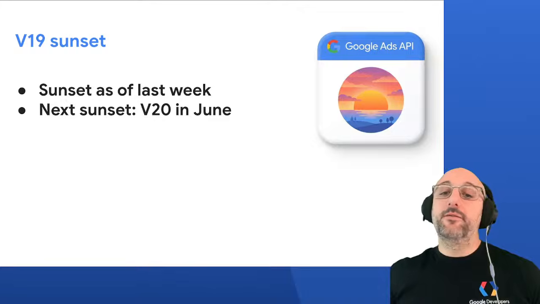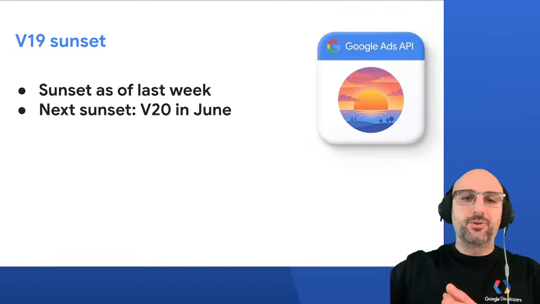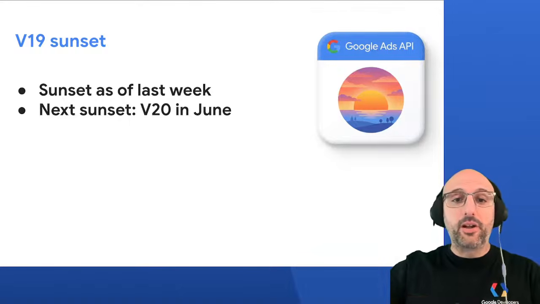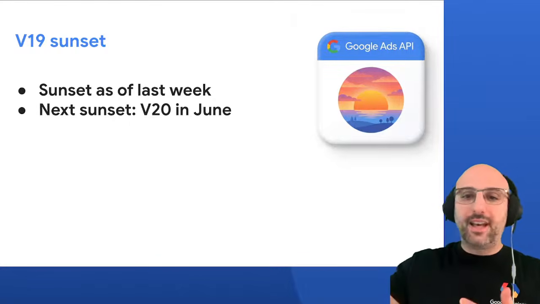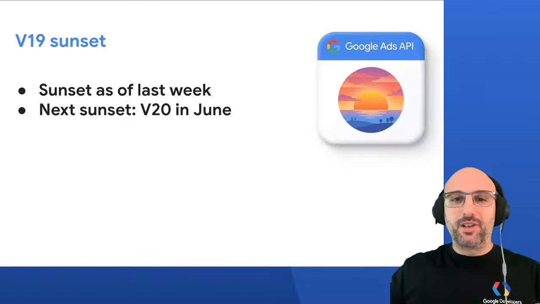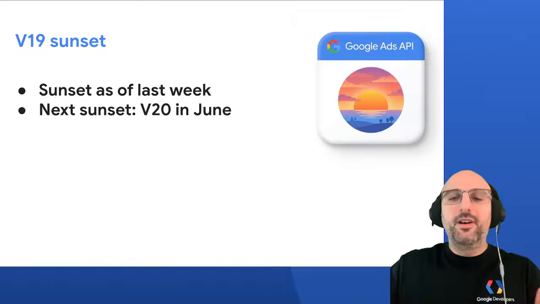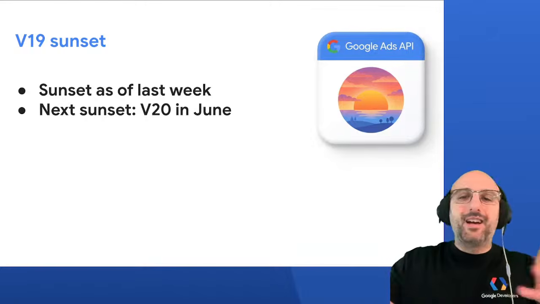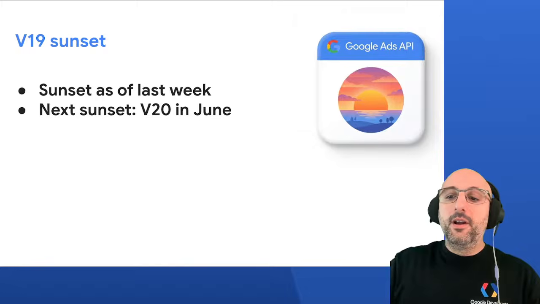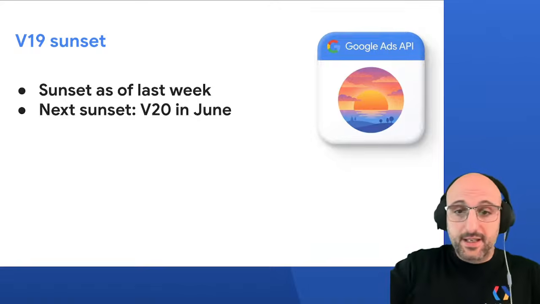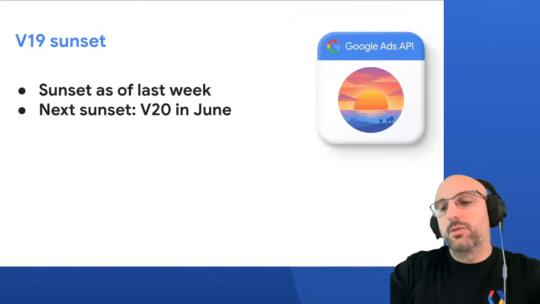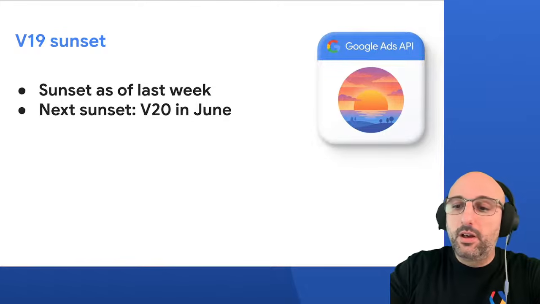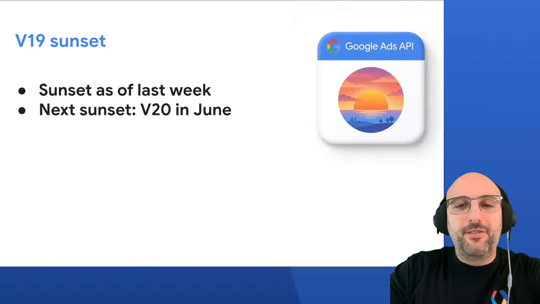This kind of echoes the quarterly schedule for major releases, if you think about it. We also have a quarterly cadence for sunsetting major releases because they come out once a quarter. They have about a year lifespan, so they tend to sunset once a quarter. The next sunset is, as I said, V20, which is due in June. So there's plenty of time for you to be upgrading. And I am also very positive that you are going to be willing to upgrade when you see the features that we just released in V23.